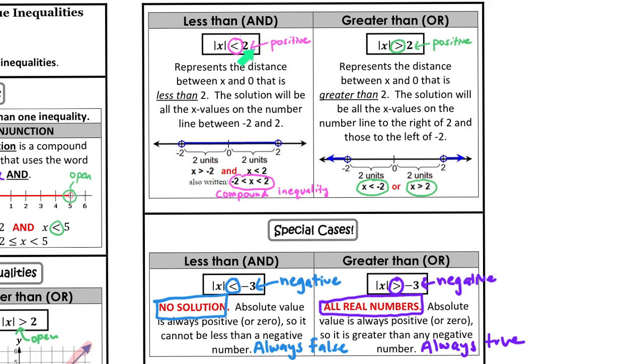One of them is less than a positive number, the other one is less than a negative number. So we got to look out for these. And then there's 2 greater than situations. One if it's greater than a positive number, and one if it's greater than a negative number. Okay, and we're going to look at examples of these 4 cases just to get an idea.